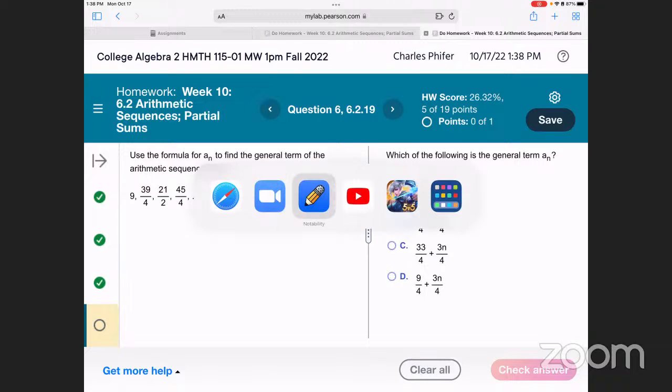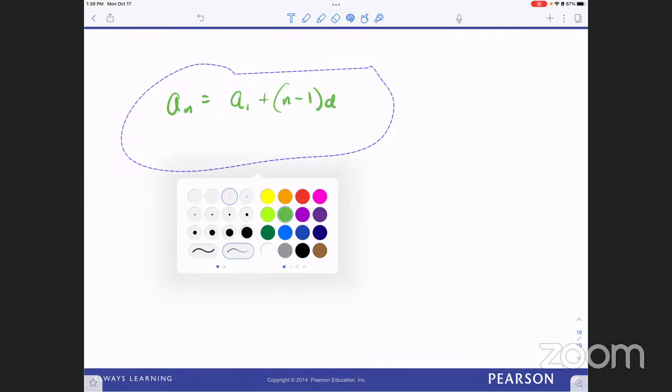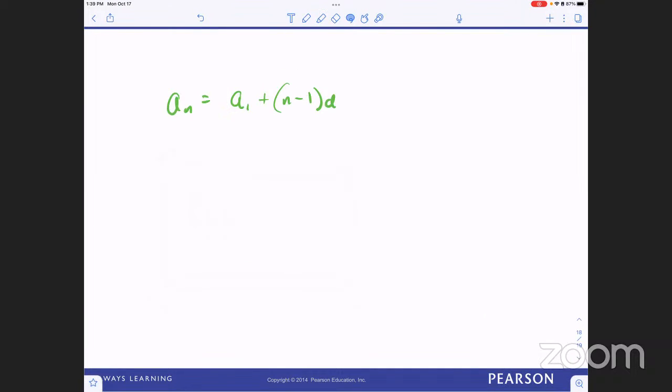So if we write it out here, the nth term of an arithmetic sequence is going to be given by a1 plus n minus 1 times d. Okay. So then our nth term is going to be 9 plus n minus 1 times 3/4.